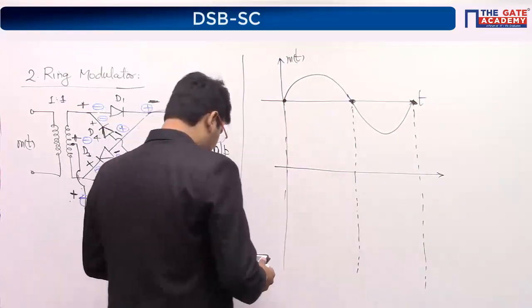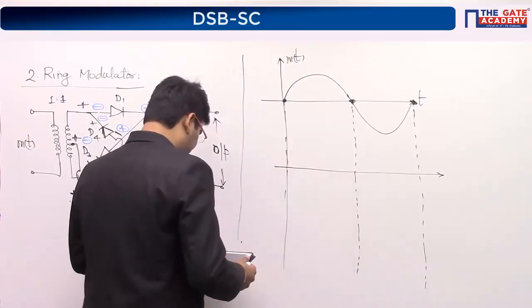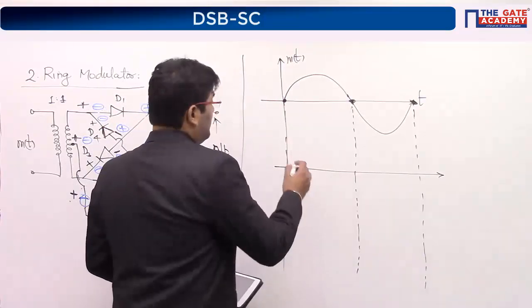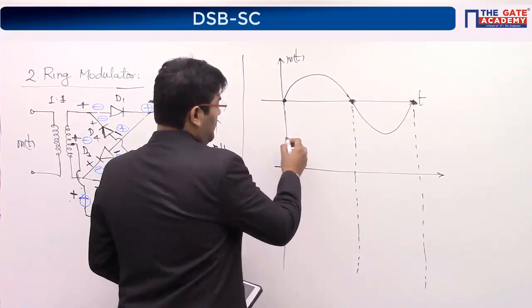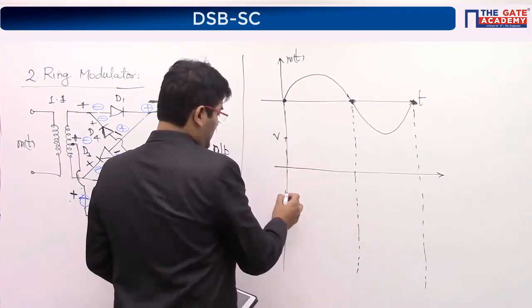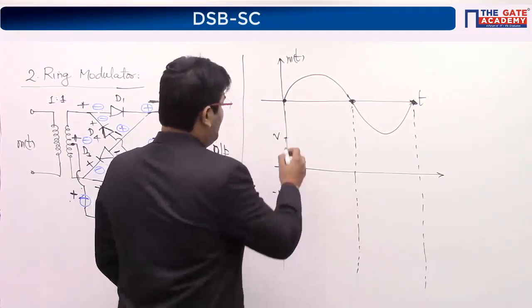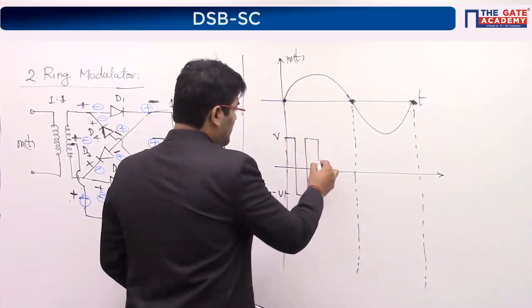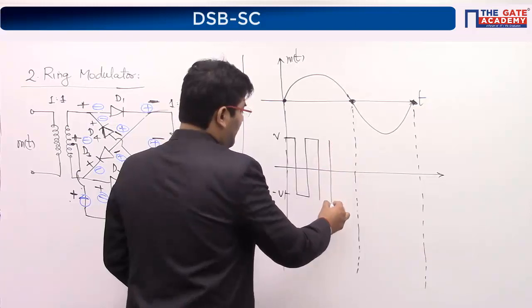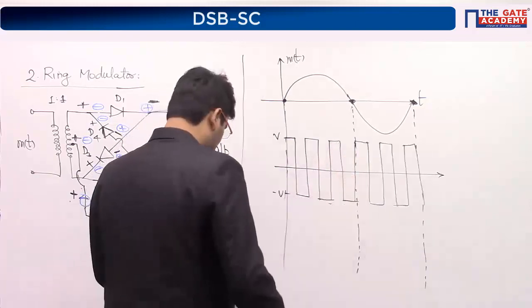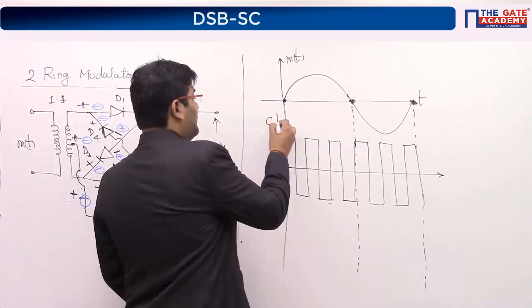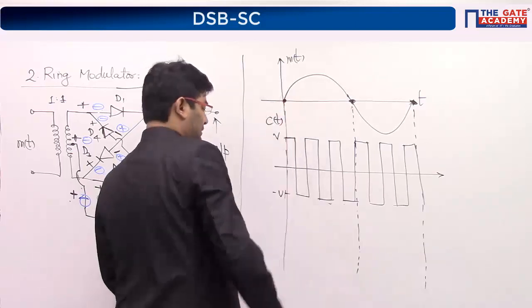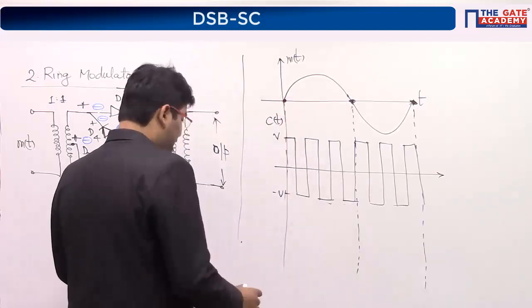Now on the top of this, I can say V, you can say minus V, correct? Let's do it. I will be patient here and draw the waveforms we want. So this is your c(t), m(t), and the final output.